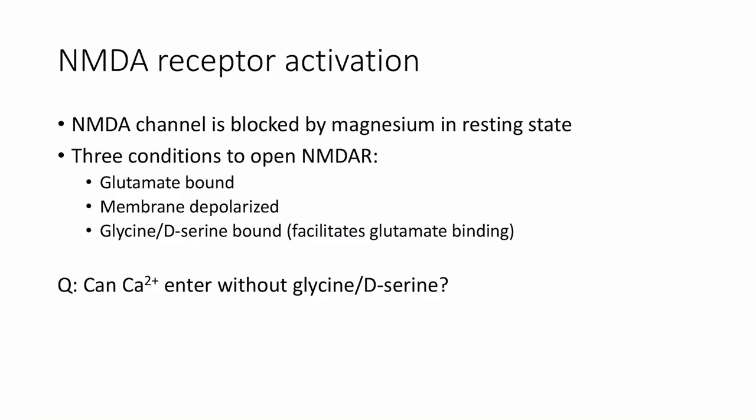So, in conclusion, while glutamate and depolarization alone can theoretically open the NMDA receptor channel and allow some calcium entry, the lack of glycine or D-serine significantly dampens this effect. The resulting calcium influx is very small and insufficient for driving major downstream signaling cascades and LTP.